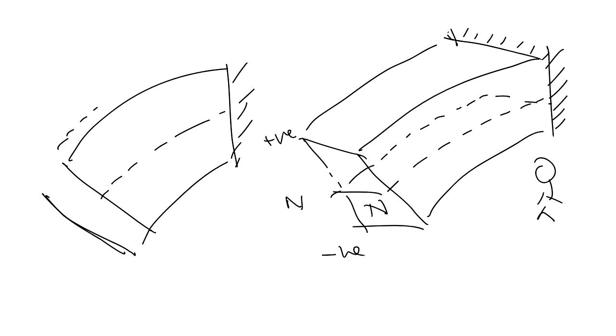All of these are positive. The biggest positive value is on these layers. When you represent it, you represent it with an arrow which has the maximum length. And the closer you move to the neutral axis, these arrow lengths become smaller, smaller, smaller, until you get to the point next to the neutral axis.